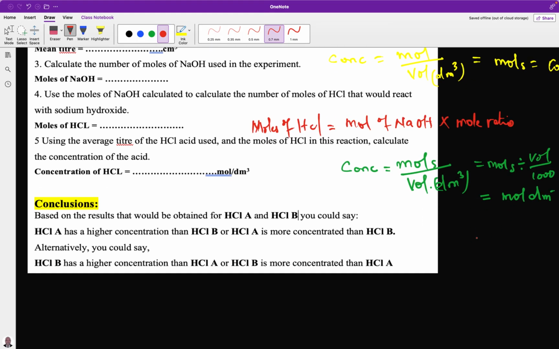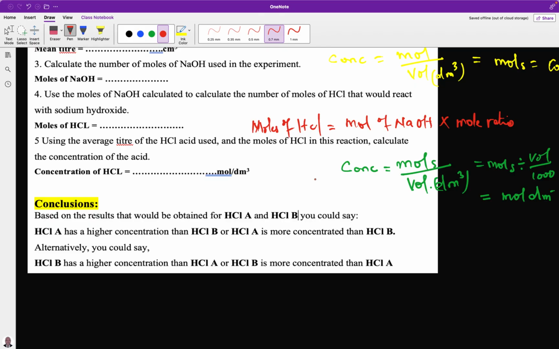Based on the result obtained for hydrochloric acid A and hydrochloric acid B, you could either say HClA has a higher concentration than HClB, or HClA is more concentrated than HClB.